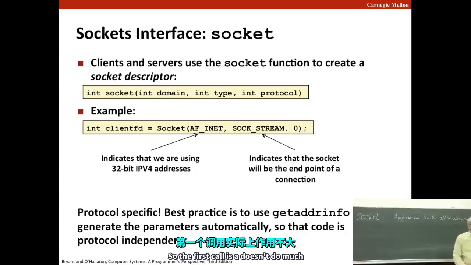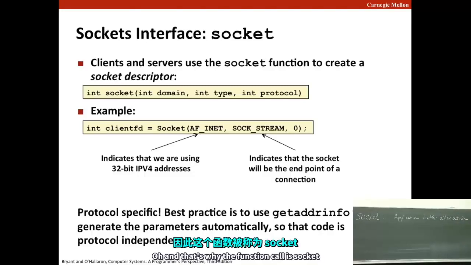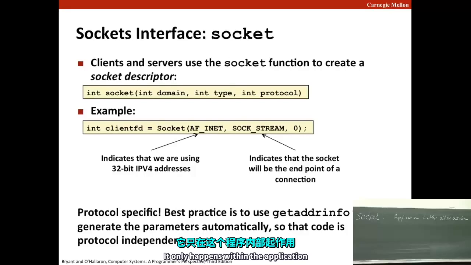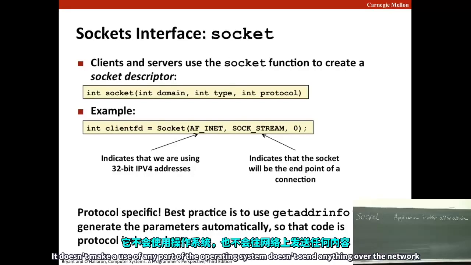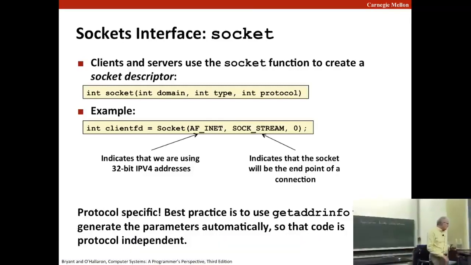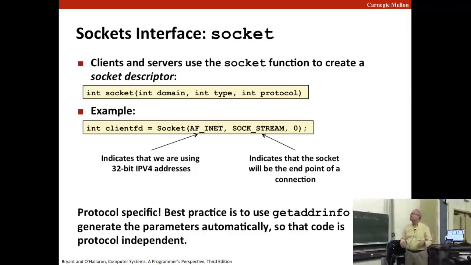The first call doesn't do much, and that's why the function call is socket. It only happens within the application. It doesn't make use of any part of the operating system, and doesn't send anything over the network. The idea is to basically say, hey, I want to create a socket.